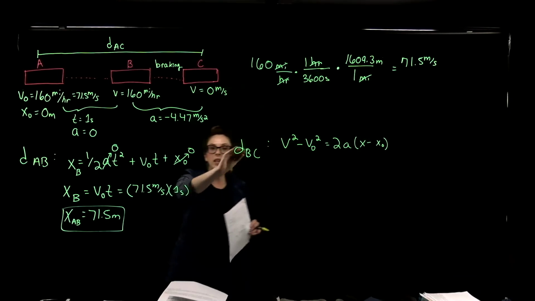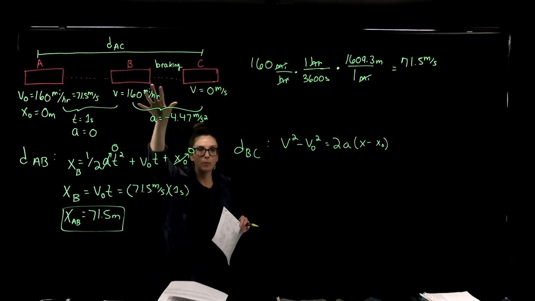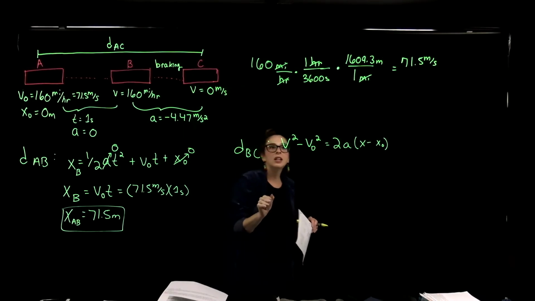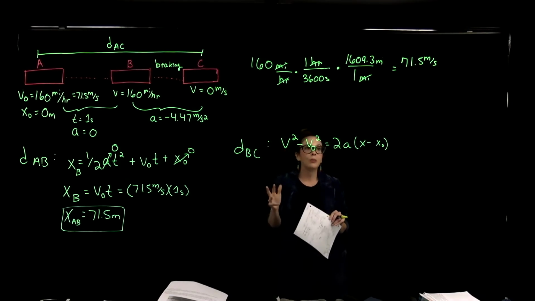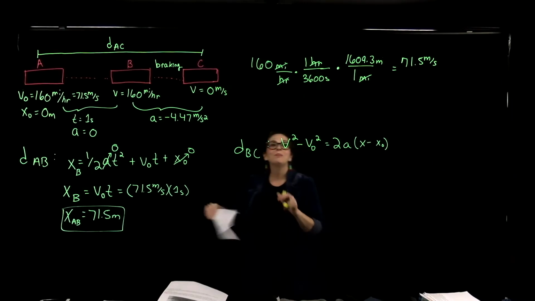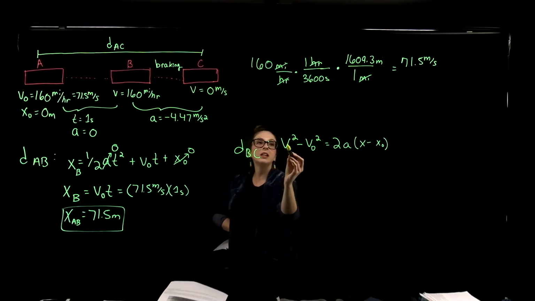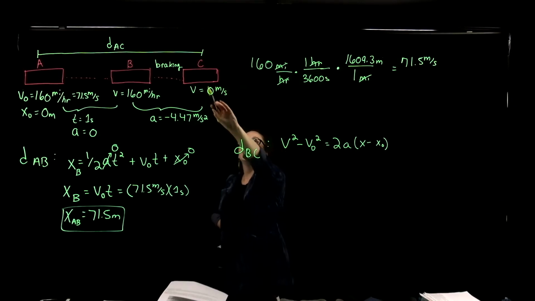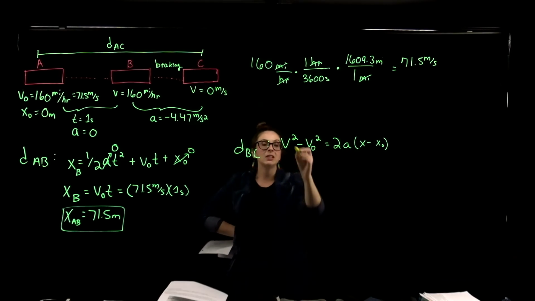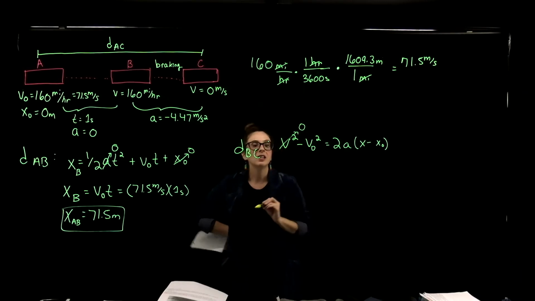We're thinking about just this segment, parts B to C. We can get rid of a few terms. My final velocity, v squared, when I reach point C is going to be 0. So this term is 0.